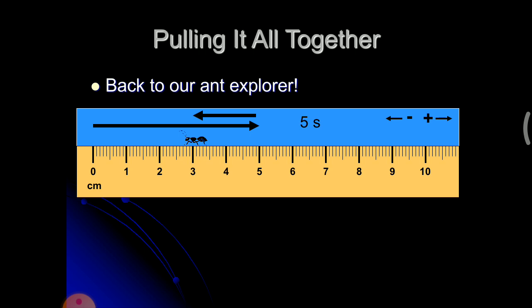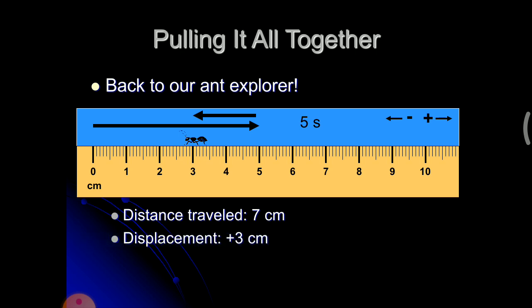How to find the velocity? Here the distance traveled equals 7 centimeter. Displacement equals plus 3 centimeter. How did you get plus 3 centimeter? Because the initial position is 0 and the final position is 3. If you subtract 3 minus 0, we get 3. So plus 3 centimeter.